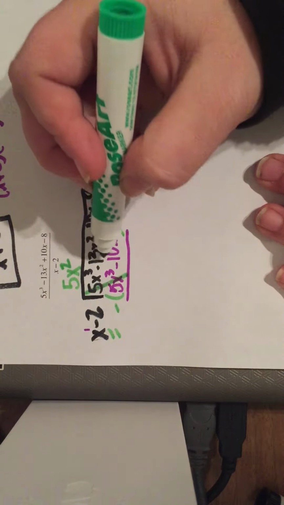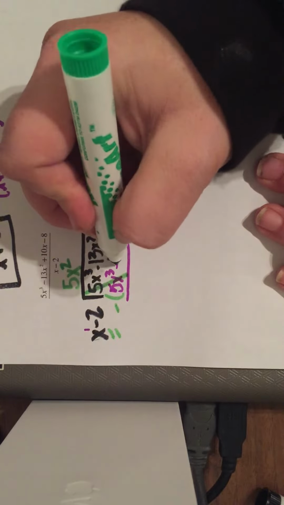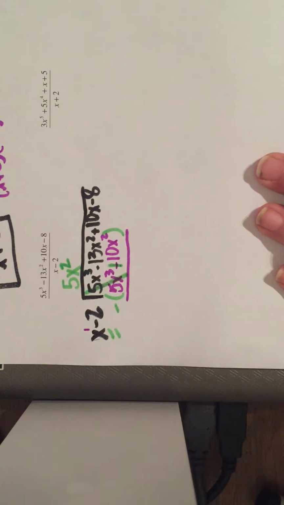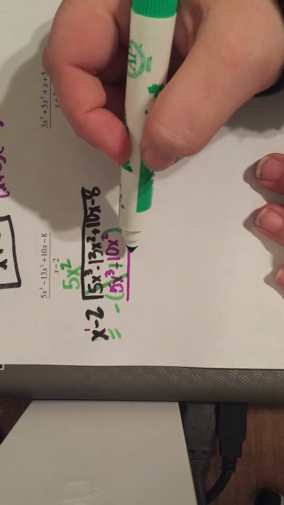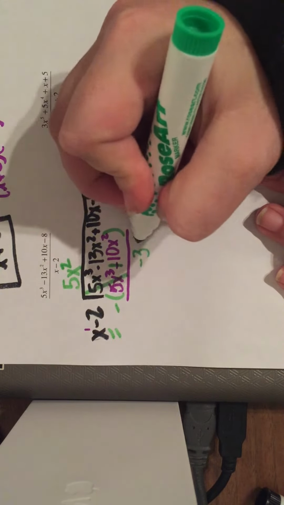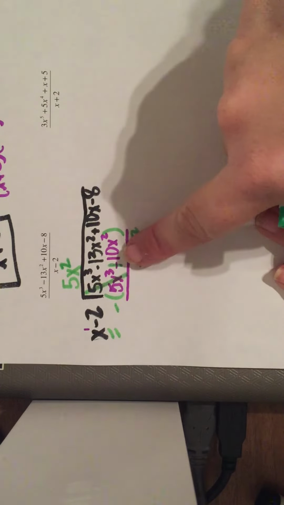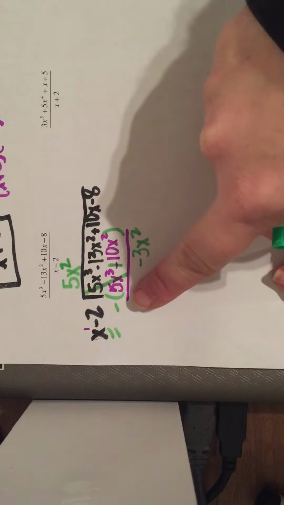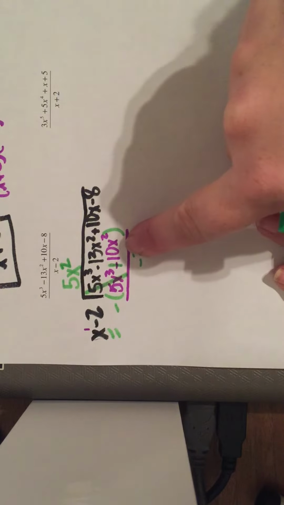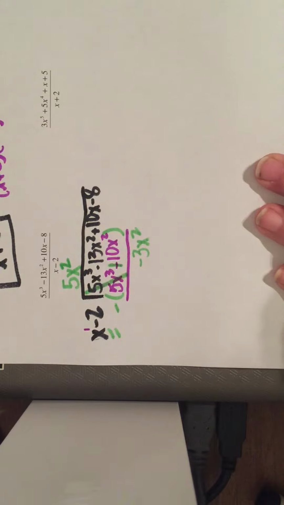So negative 13x squared minus negative, well, that's going to make that a positive right there. So negative 13 plus 10x squared is actually going to get me negative 3x squared. Did everybody see how my sign changed right there? Because it ended up being minus negative. And we all know that minus negative turns into a positive.